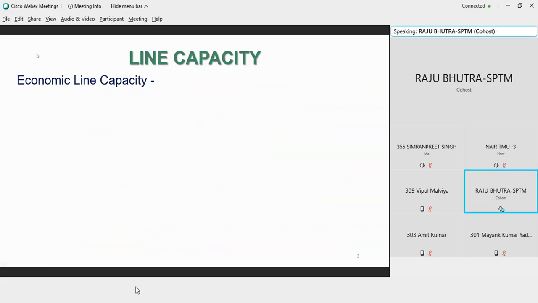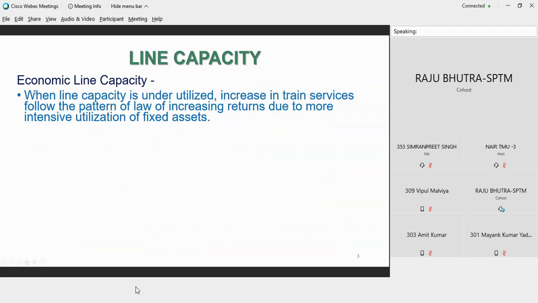Now, what is economic line capacity? When line capacity is underutilized, an increase in train services follows the pattern of the law of increasing returns due to more intensive utilization of fixed assets. So if the line capacity is not fully utilized, and as we increase the number of train services, our revenues will increase.